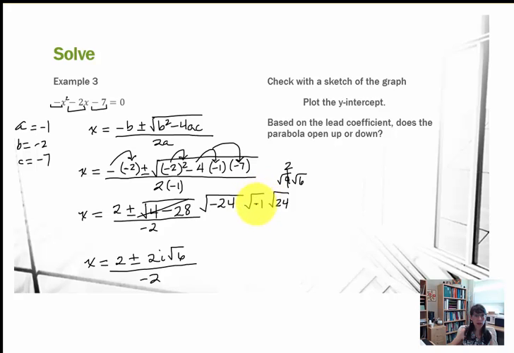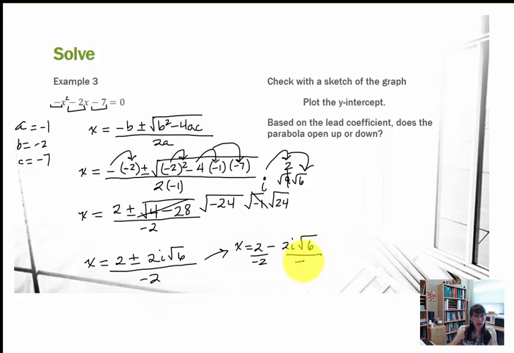So remember here in this step, square root of negative 1 was our imaginary i. So i times 2 times square root of 6 in the proper order would be 2i square roots of 6. So to break this into its two separate solutions, I would have x equals 2 minus 2i square root of 6, and our denominator is negative 2.